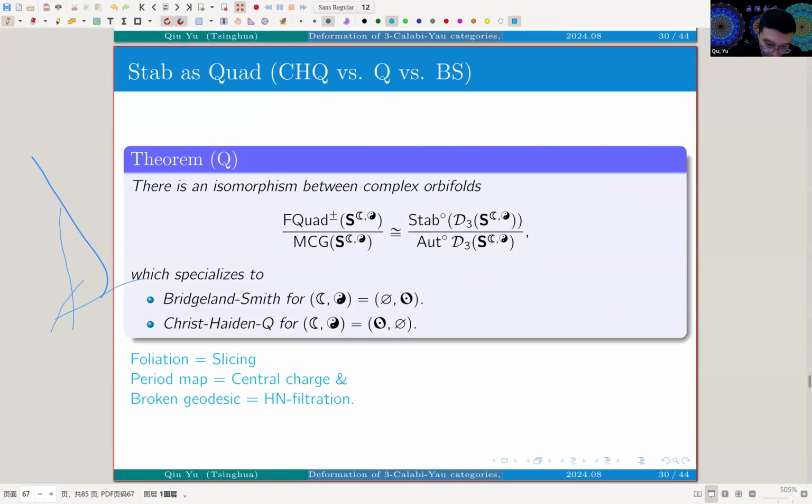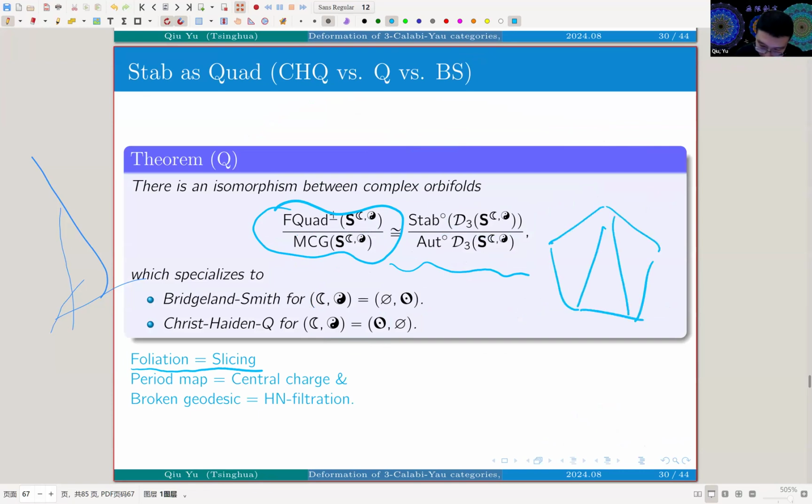And the point of this type of result is that each time you have some quadratic differential, it's very easy to construct the space of stability conditions. The reason for that is that we draw some foliation on the surface. So it's like this type of foliation. This foliation tells you the slicing or the t-structures of the triangulated category.